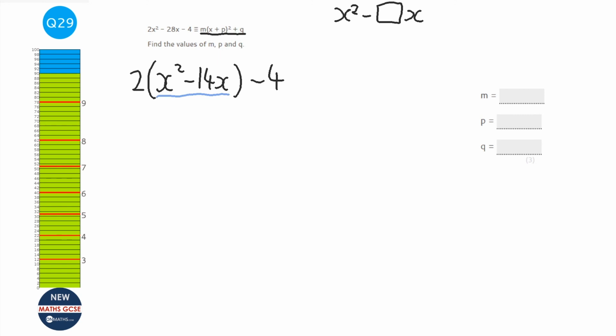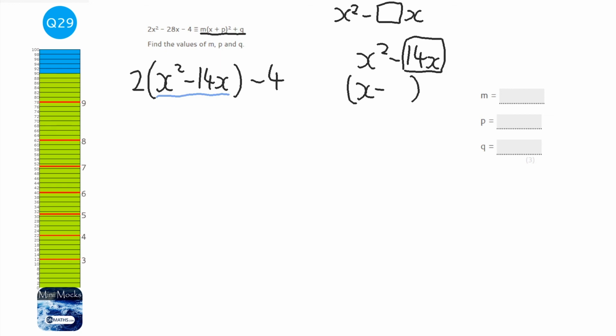Now to complete the square, and I'm going to do this over here to show you a little bit easier. What you need to do is you need to put the x minus half of the bit here, so it's going to be 7 squared.